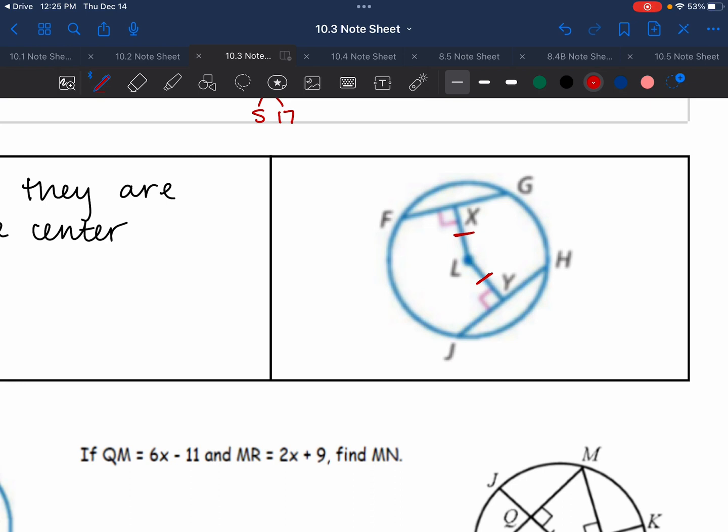So I'm just adding something that's missing. So we're told that XL is congruent to LY. Those are the distances from the chord to the center L. So FG and JH would be congruent chords. Okay? And since the chords are congruent, then the arcs are congruent. So a lot happening there.